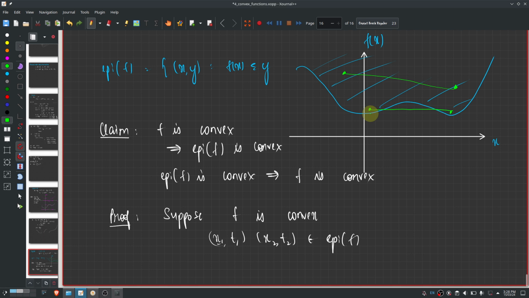The definition of convexity basically said that you take any 2 points on the curve, the straight line joining these 2 points should also lie above the curve. Here, in this particular statement, all I am saying is you take any 2 points above the curve, not necessarily on the curve. You take any 2 points above the curve, the straight line joining those 2 points will also lie above the curve.